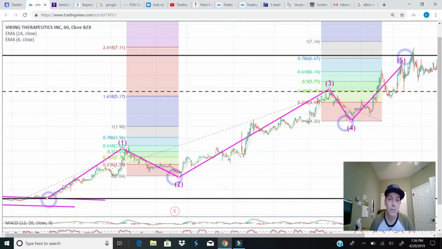The beginning of leg 1 to the top of leg 1 is about $2.12. We'll call it $2.10 just for the sake of math. Leg 5 actually ends a little bit above that at $6.40, but you would have got almost maximum profits.